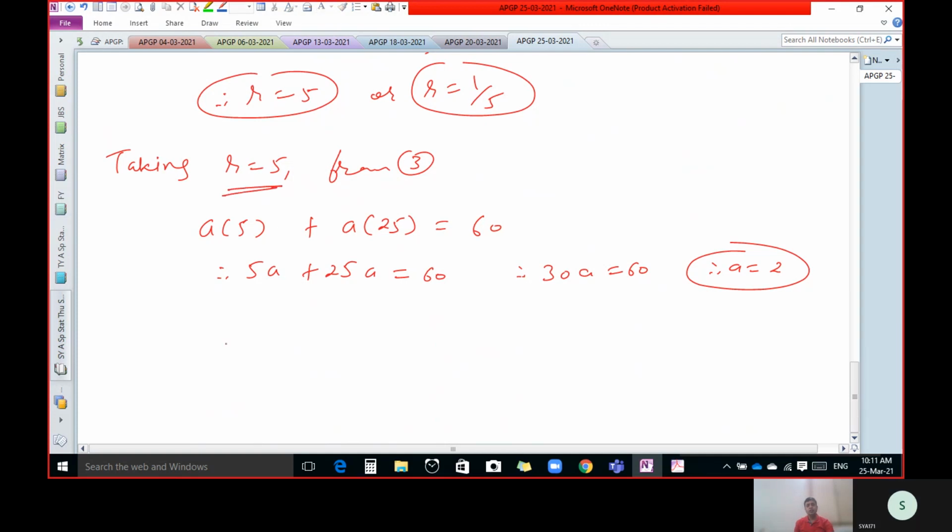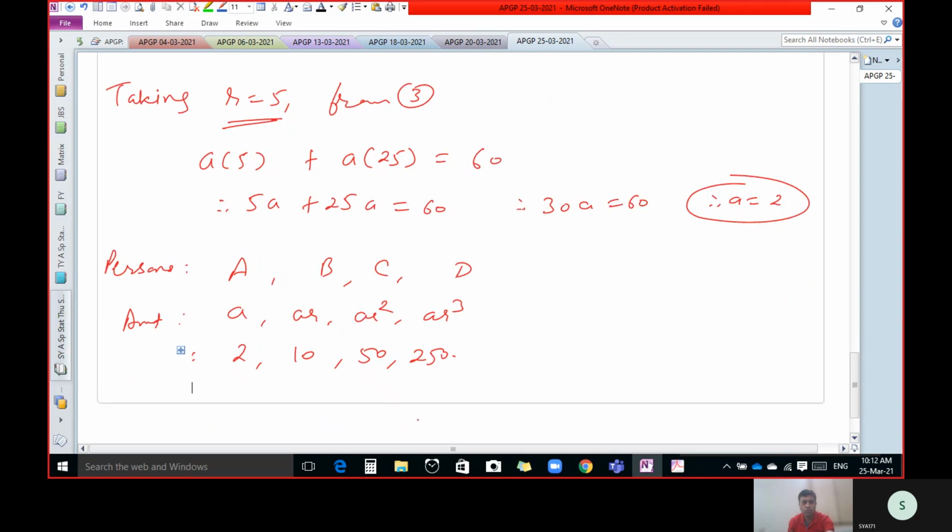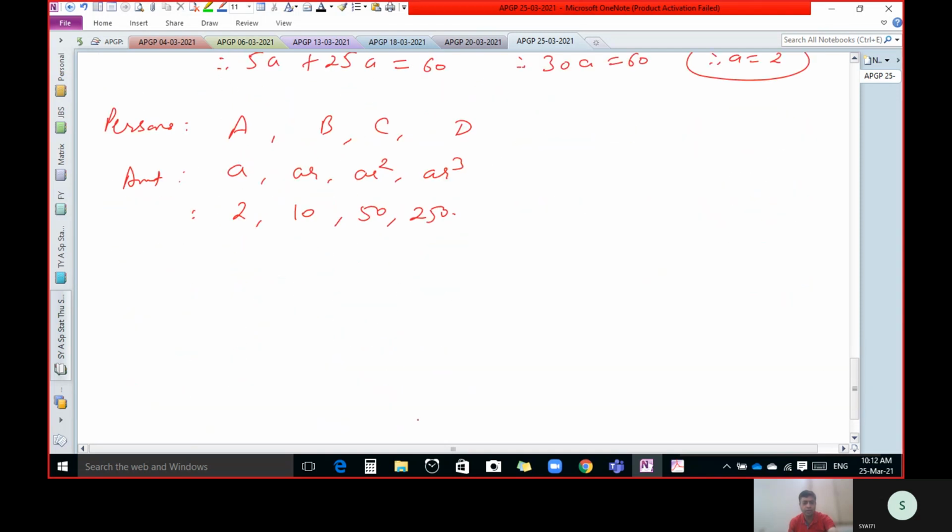So the amounts for A, B, C, D are A, AR, AR square, AR cube. These are 4 persons. So the amount is 2, 2 5s are 10, 10 5s are 50, 50 5s are 250. So my final answer is 2, 10, 50, 250.